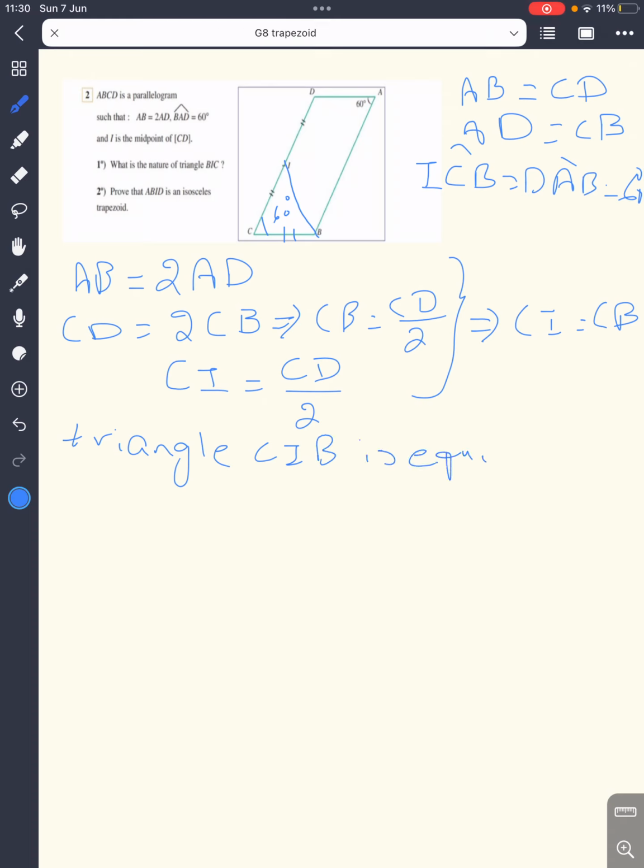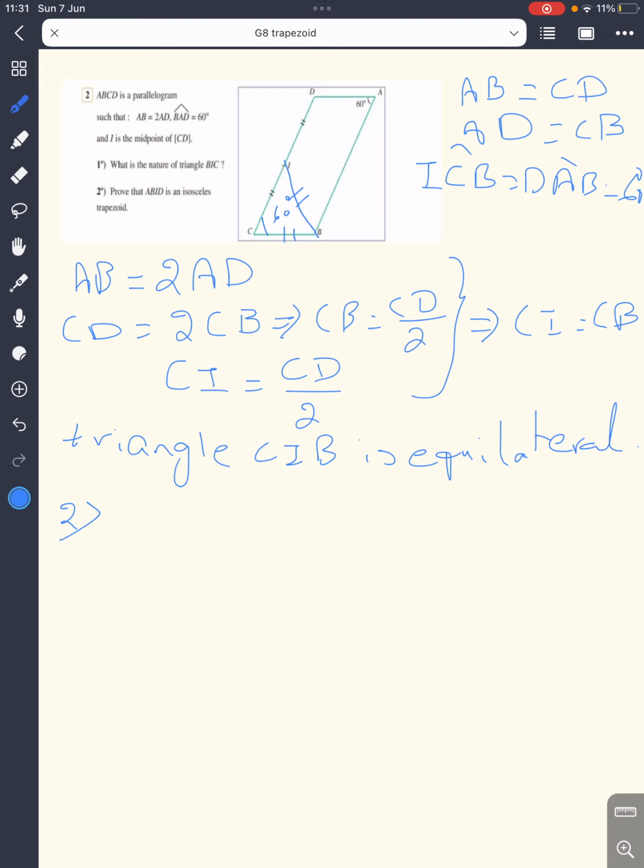And in an equilateral triangle we have three equal sides and each of its angles equals 60 degrees. Here we proved that CB equals BI equals IC. That's part 1.